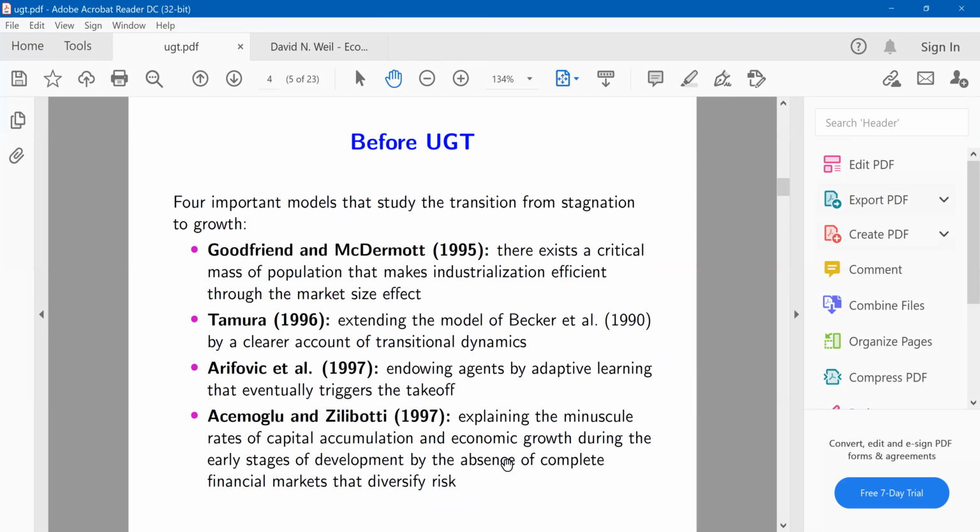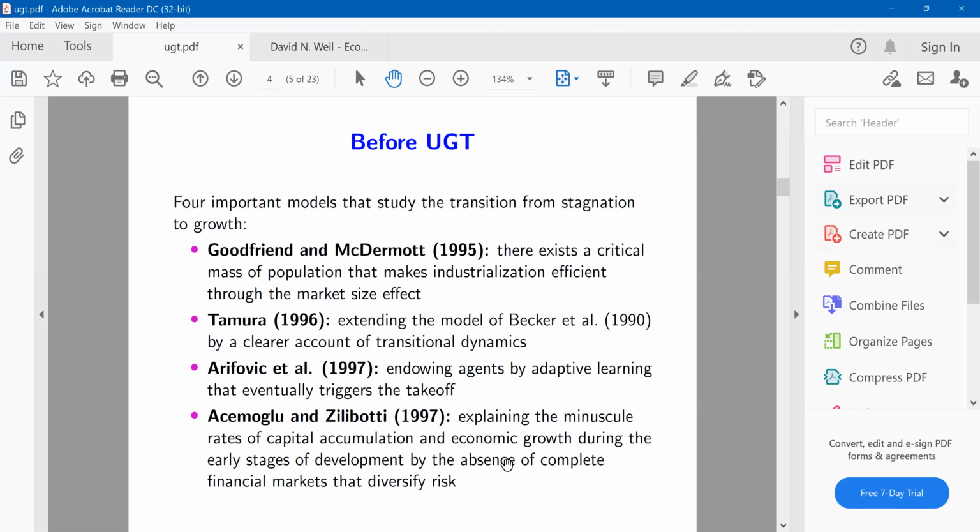And industrialization requires big investments, but you cannot finance those big investments because you cannot diversify risk. Nobody is big enough to bear the burden of financial risk. For this reason, big investments cannot be realized. So industrialization is delayed.